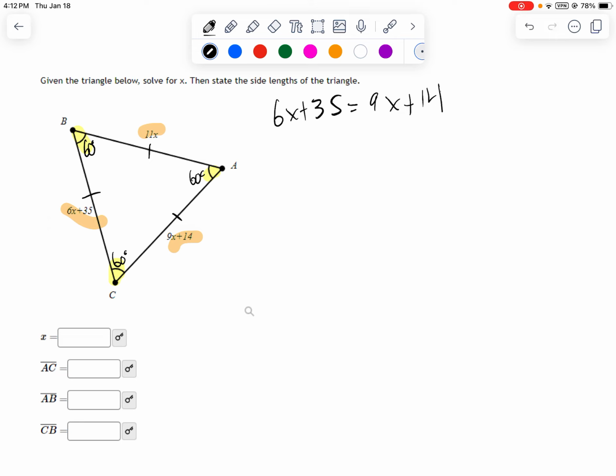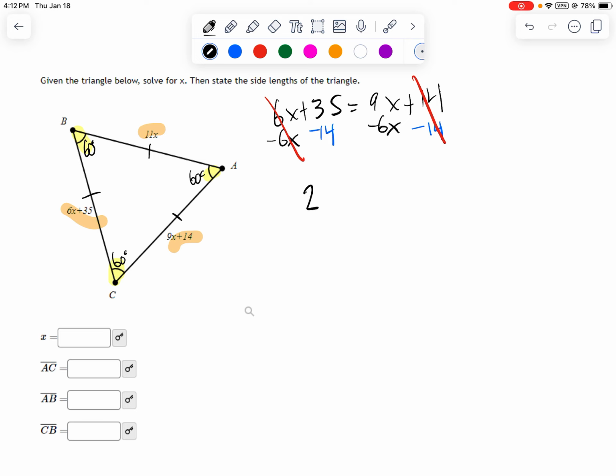I'll just keep with this first one because I wrote that first. Why not? So first thing I do if I want to solve for x, I want to get all the x's on one side, all of the numbers on the other. So I'm going to subtract 6x because I like my variables to be positive for literally no other reason. I'm also going to subtract the 14 in the same step, so that'll cancel the 14s and the 6x on both sides.